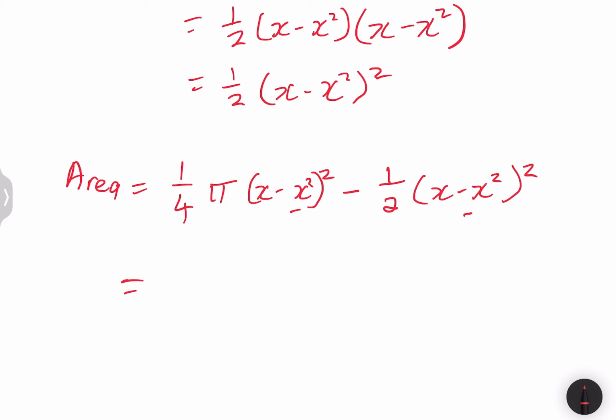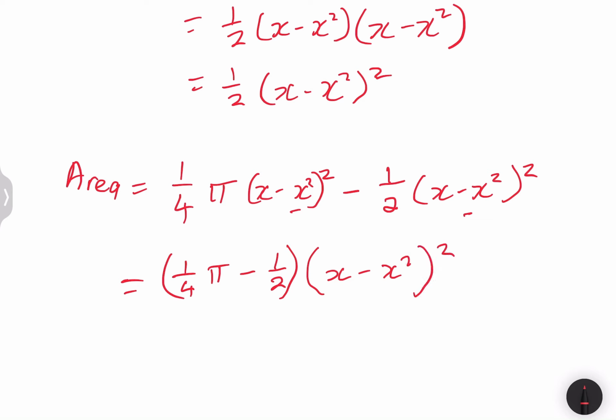So that looks like it's the square. So we've got 1 over 4 pi, right? So I'm taking out, in this case, that's minus 1 over 2, okay, into that small section there, into (x minus x squared) all squared.